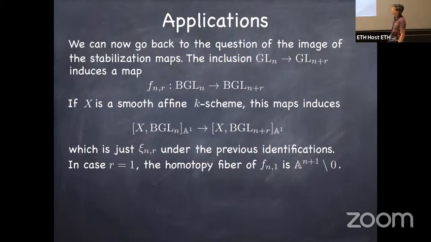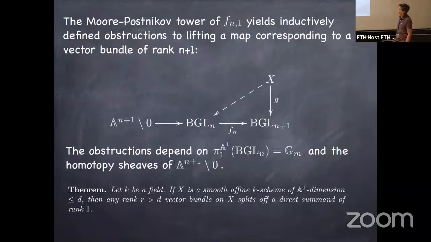So for instance, if I want to study the stabilization by 1, just adding a free factor of rank 1, in view of the Moore-Postnikov tower, I just have to understand first the homotopy fiber and then some actions of a fundamental group. In case R equals 1, we can very well compute the homotopy fiber.